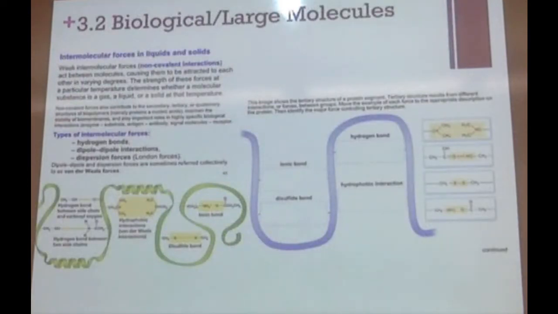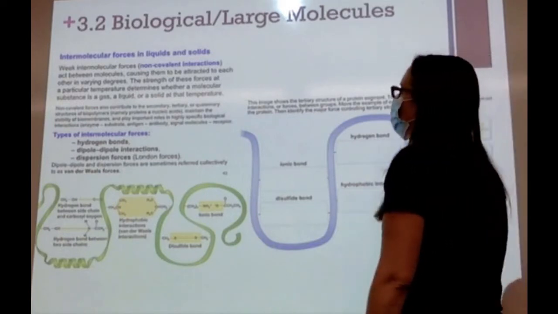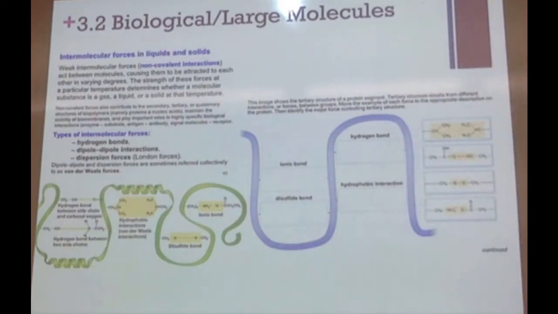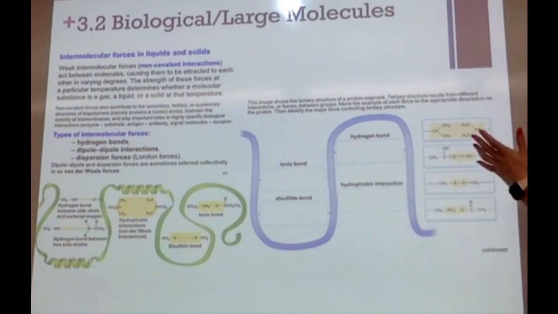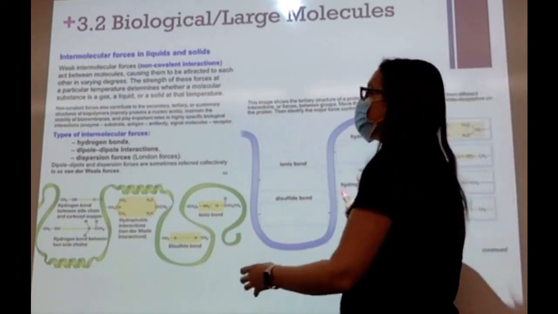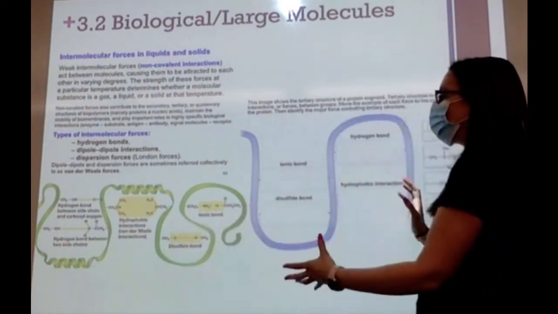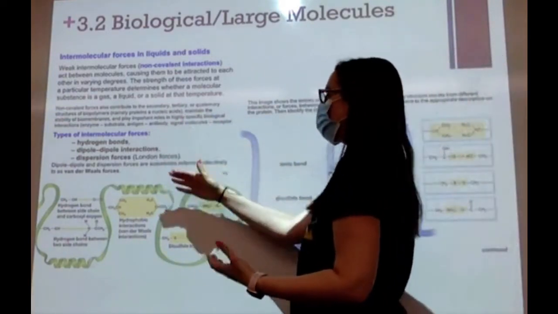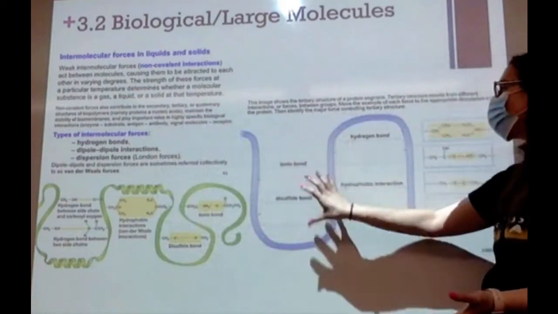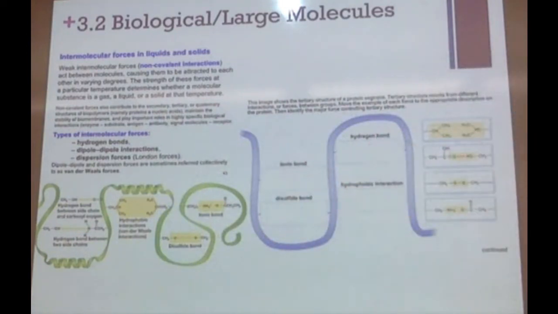Now the last part of 3.2 is essentially just saying that if we have very large molecules, or biological molecules, very long chains of different atoms, elements, metals, nonmetals, in a large molecule, we could potentially see multiple types of intermolecular forces all in one long molecule.